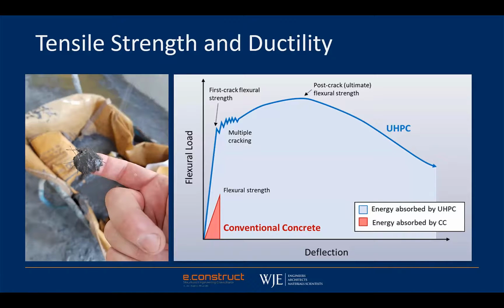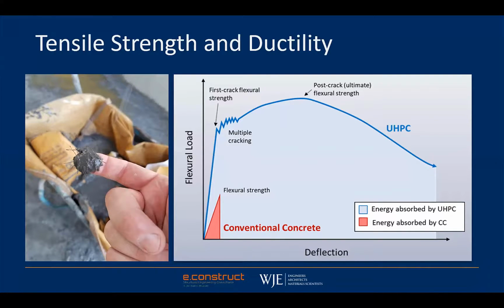And that's one of the things, again, that really separates UHPC and is the main focus for the materials development. The material actually carries load after it develops its first crack, because the high strength fibers help to carry some of those tensile forces across the cracks. So even after it cracks, the fibers hold the material together and the material absorbs energy as it continues to deform.